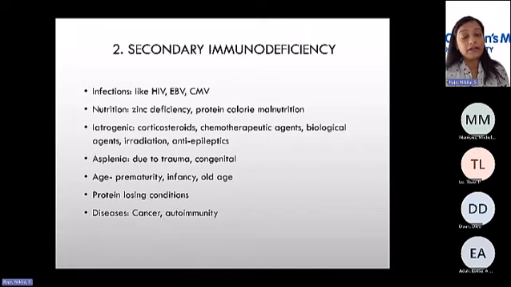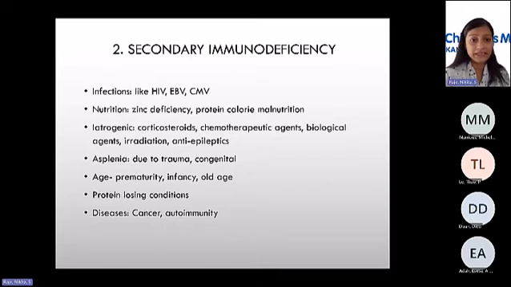Talking about a less frequent cause of recurrent infections, secondary immunodeficiencies, but these are definitely more common than the IEIs. So keep in mind that there are some factors that can suppress the immune system. There are infections that can cause more suppression of the immune system and then lead to more infections. So HIV, EBV, CMV, all these viruses can suppress the immune system.